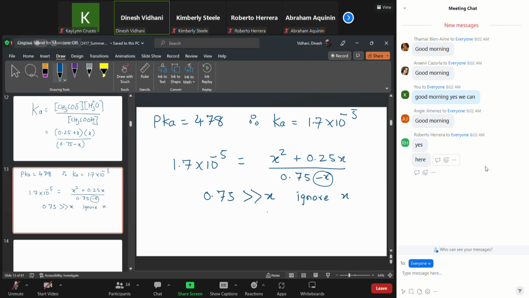When I say ignore X, you are ignoring X in the denominator, because that's where we are comparing. So I can say 1.7 times 10 to the power -5 equals X squared plus 0.25 X, divided by 0.75. Can I rearrange this equation? Absolutely. What do I do next?